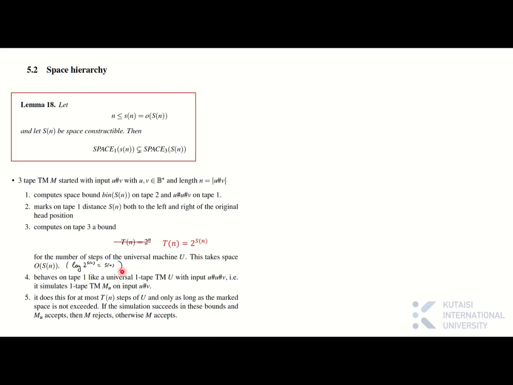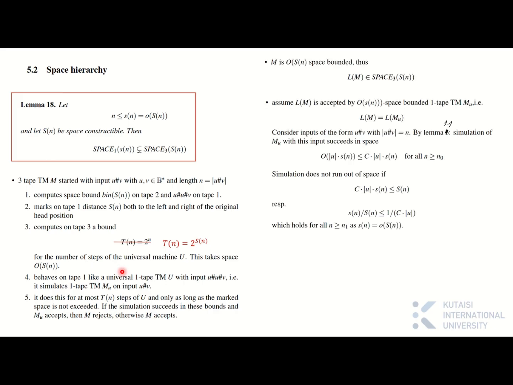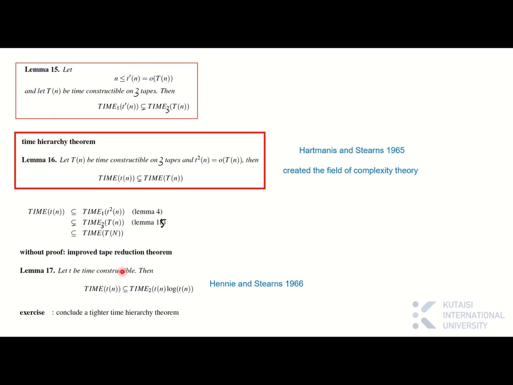There is a space hierarchy theorem. The proof is very much the same in spirit as for the time hierarchy theorem. First, you prove the lemma that if s(n) is bigger than n and it grows asymptotically slower than big S(n), then whatever can be done on 3 tapes in space big S(n) cannot be done on 1 tape in space s(n).